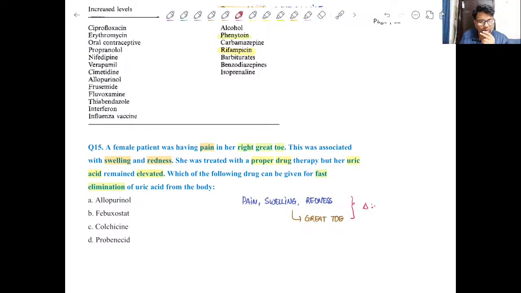The diagnosis is obviously, yes, anyone, what can be the diagnosis here? Pain, swelling, redness, or features of inflammation in the great toe. This is obviously gout. Okay, and gout is what? Increased uric acid. Fine, this is one thing.